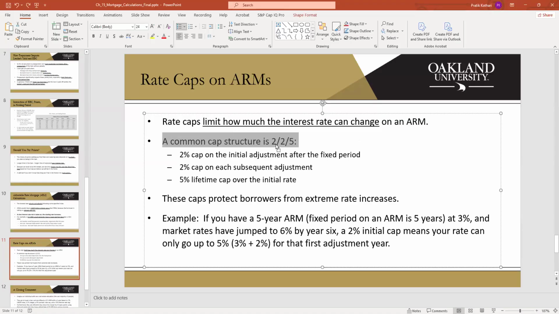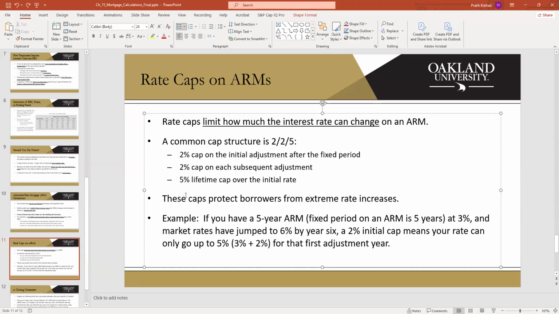What that means is that after the first fixed period, when the first adjustment is coming, the interest rate can only change by a maximum of 2%. After that, every subsequent period, again, the interest rate can change by a maximum of 2%. And in the total lifetime of the loan, the interest rate can change by a maximum of 5%. Okay.